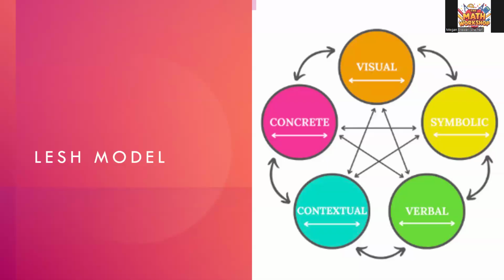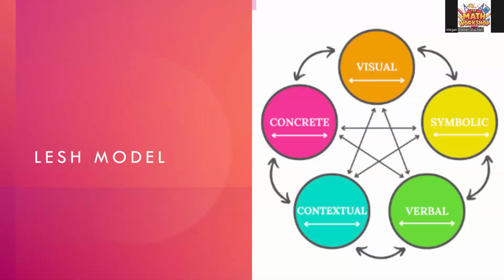That's the symbolic numbers, symbols. But what's different about the Lesh model, which I really do like, we also have the green circle and the blue circle. So the green circle, verbal, that's having students explain their thinking, justifying their solutions, listening to another student's strategy and seeing if they can unpack it and understand it.